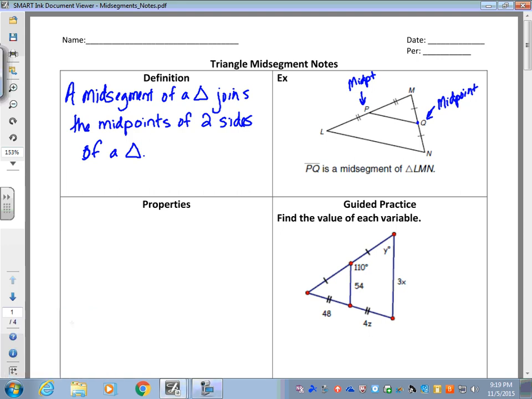And then our properties, there's a couple of facts or properties you're going to have to identify or use when you're doing some midsegment problems. So the first thing is a midsegment is always parallel, and I'll spell it this time, to a side of a triangle.